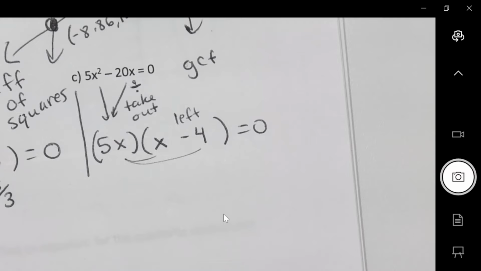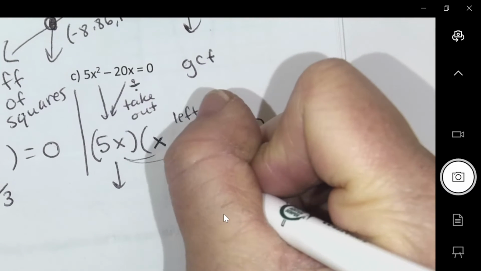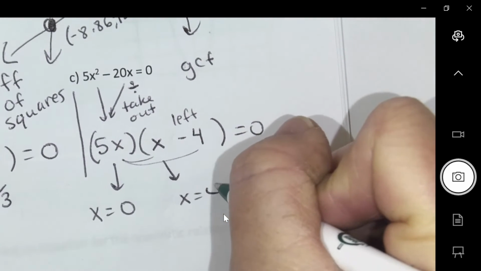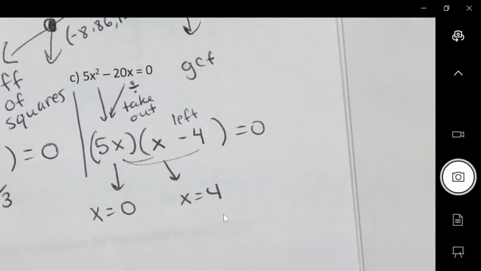Does that multiply to that? So now, what would I make x in each bracket to cause a 0? 5 times what? Well, 5 times 0. Or I could have had 4, because 4 minus 4 is 0.